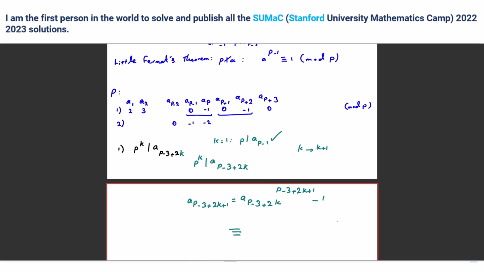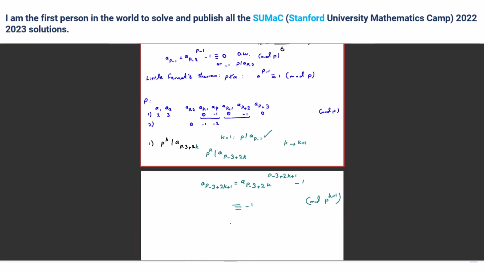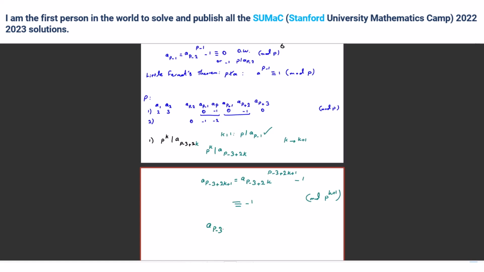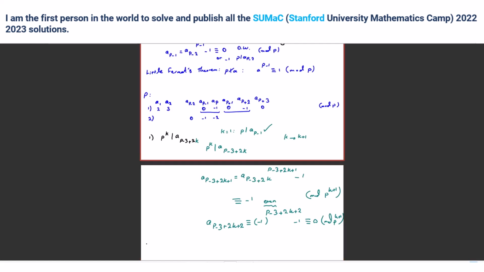And if we consider this one mod p to the k plus 1, it's -1, right? Yes. So a to the p minus 3 plus 2k plus 2 is congruent to -1 to the p minus 3 plus 2k plus 2 minus 1. Because it is even, this one also even, it's 1 minus 1, 0 mod p to the k plus 1. Yes, good job.